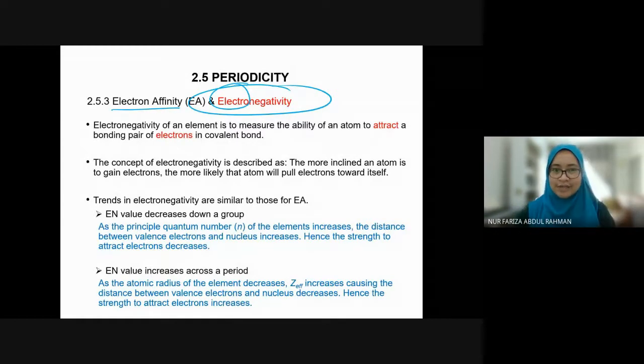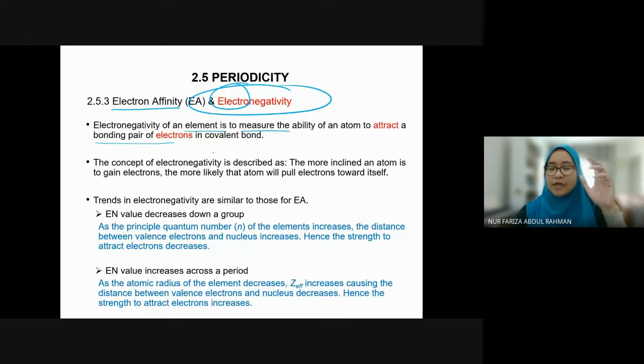Kesukaan terhadap electron. Okay, so in proper definition of electronegativity, it means electronegativity of an element is the measure, okay, the measurement of the ability of an atom to attract a bonding pair of electrons in a covalent bond.